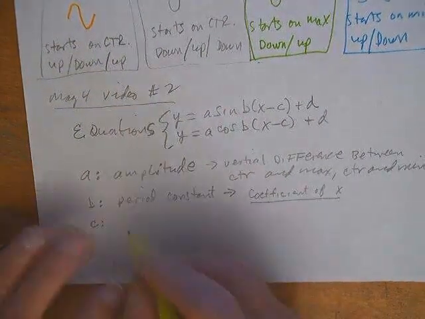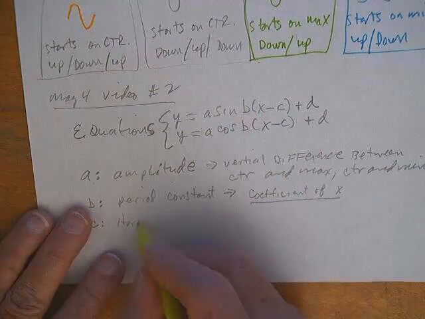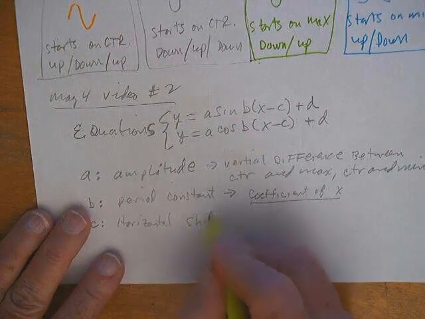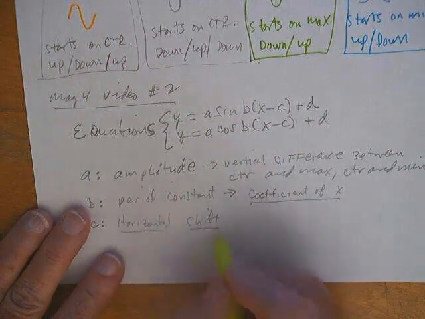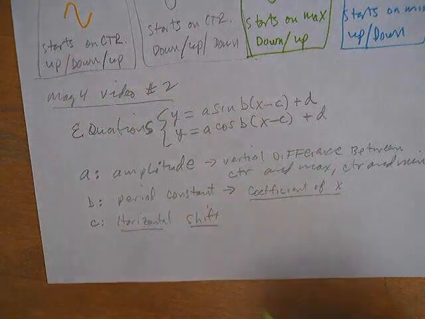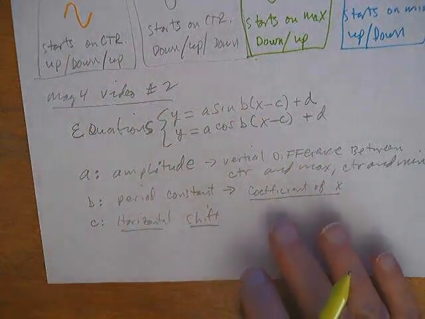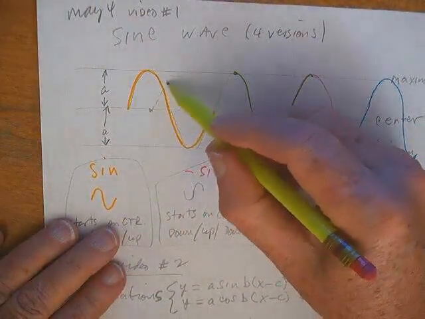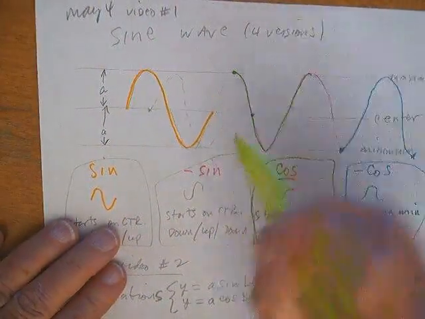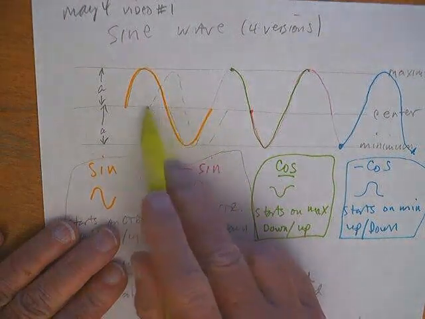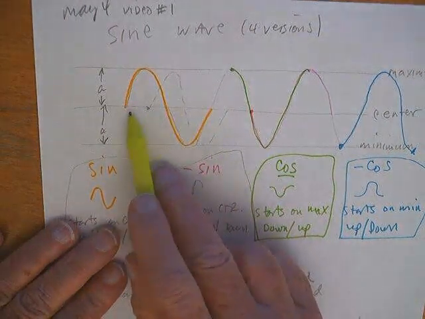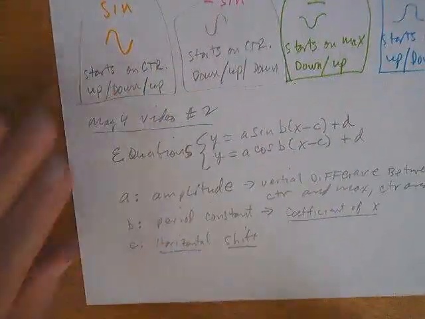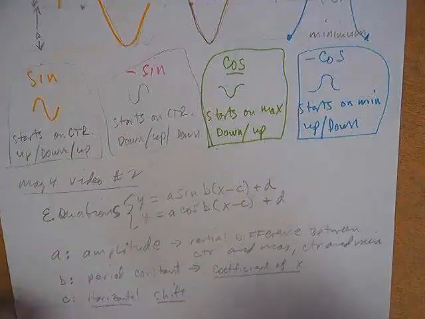C is the horizontal shift. So think about it up here on my big graph. I could start right here and just do that, but then this thing would have moved over. I would have had a phase shift right here. It would shift over that way. So that's what C is going to tell us.